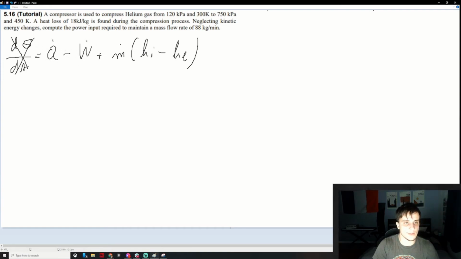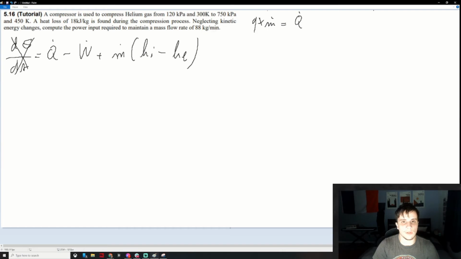Q dot minus W dot are not equal to 0. Okay, so what do we know? We know Q dot. Well, we know it's given in kilojoules per kilogram format, so that's actually Q. And just a quick reminder, to get to Q dot, you multiply that by m dot, and that should give you Q dot. And then work is what we're trying to find.